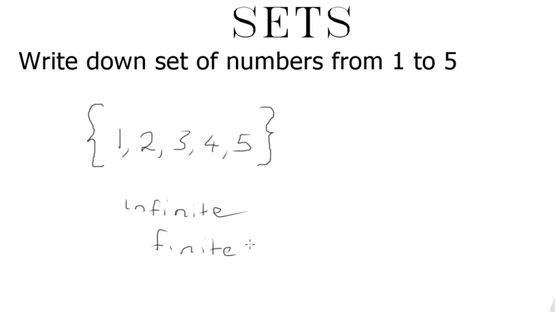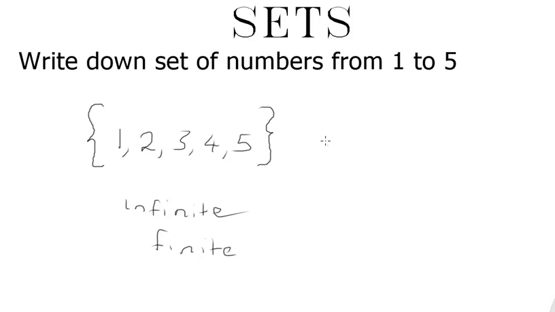But then there are other sets which have so many elements that we just can't list them. So whenever we have a set that has too many elements, for example, if I was to say, write down a set of numbers from 1 to 15,000, I bet you can't write all of them down.